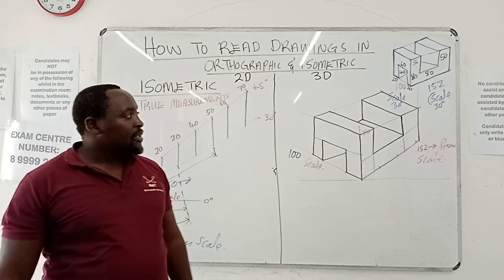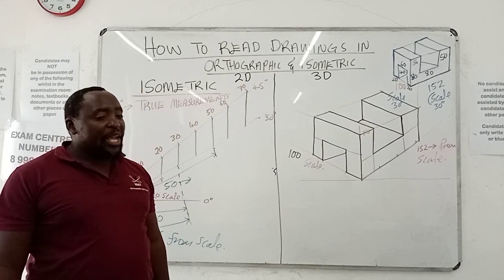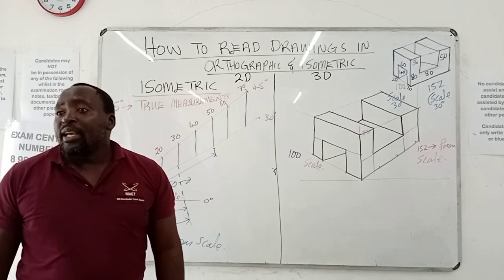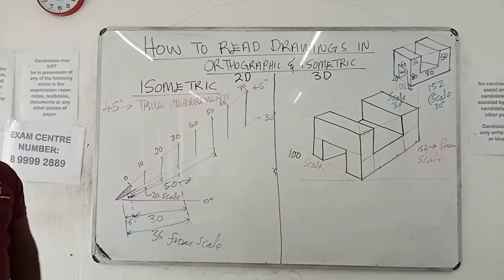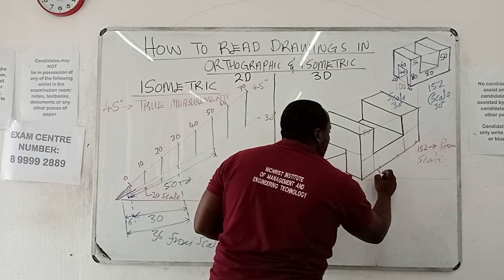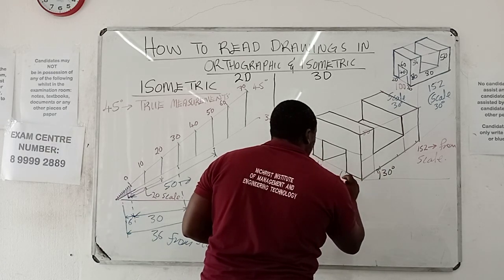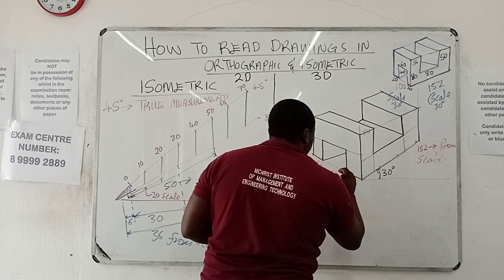Any question? Okay. Now we have drawn the isometric. Is there anybody who says, I'm lost, I don't know isometric now? These lines are at what angle? 30 degrees. 30 degrees.